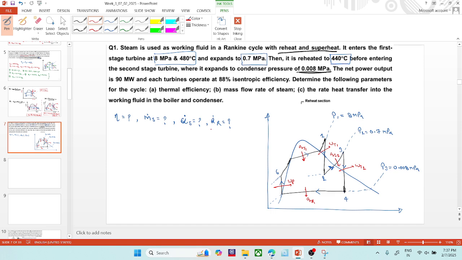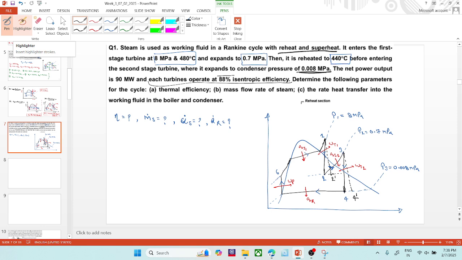Okay, so next, they have given the isentropic efficiencies for both the turbines. Due to those isentropic efficiencies, this point 2 would be here, some point 2 dash, and this process will come like this. So this would be 2 dash, and this line will come like this, to point 4 dash.